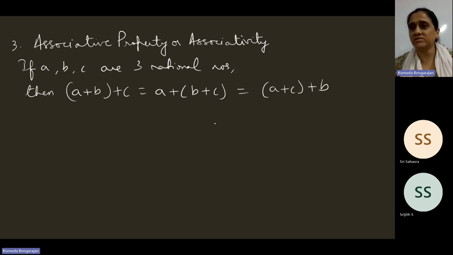You can perform this addition by grouping the rational numbers in any order.